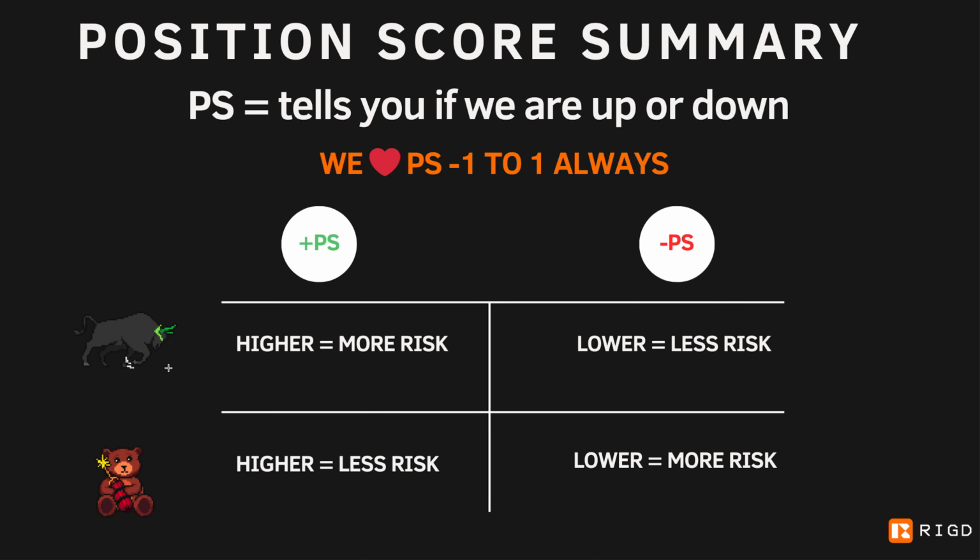Okay, so when you're looking at bulls here, the higher the PS score, there's more risk involved because how much higher are we going to go? Now, once we get to like 5 or 6, even 4 can be scary. But it depends on the day. This PS guide right here is for the average trading day.